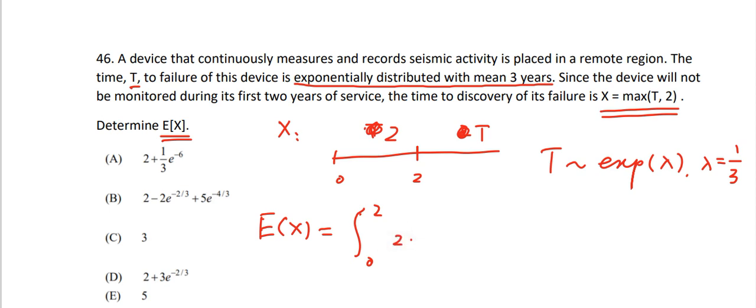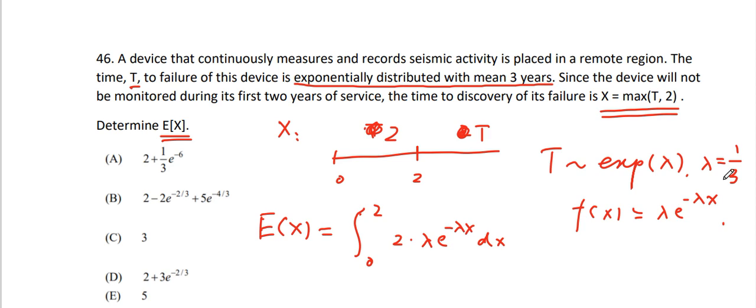Okay. So then the expectation is the integral of 2 times lambda e to the negative lambda x dx. The density function is lambda e to the negative lambda x, right? This is for the exponential distribution.